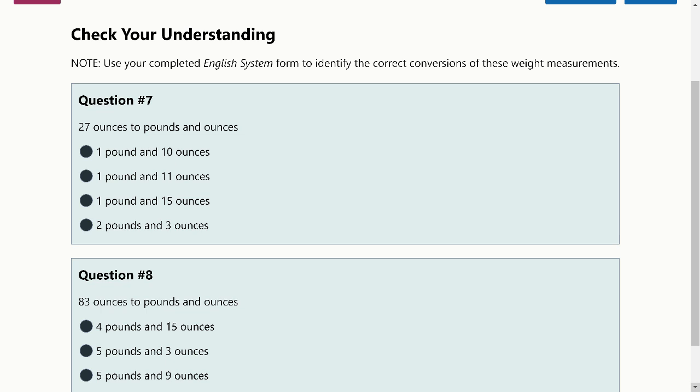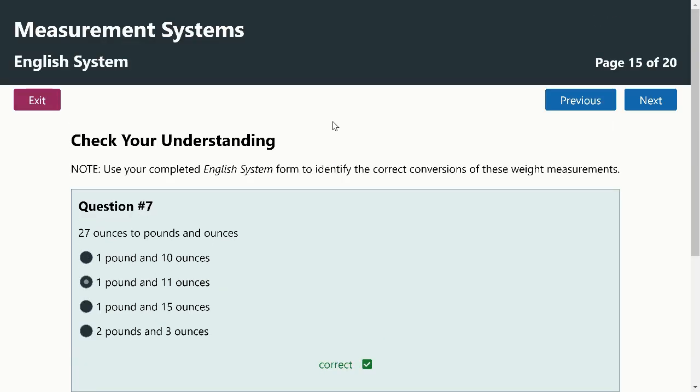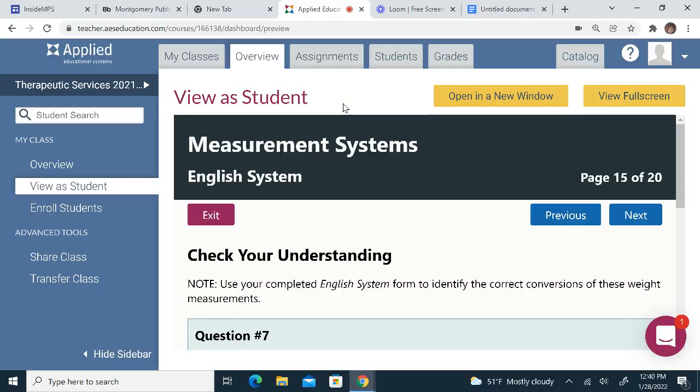All right. What y'all got? 1 pound, 11 ounces. All right. So we got 27 ounces to pounds and ounces.